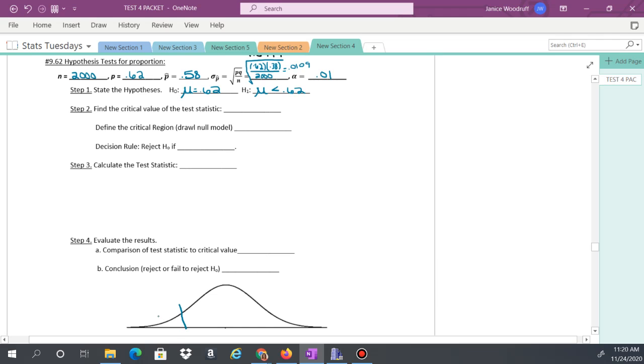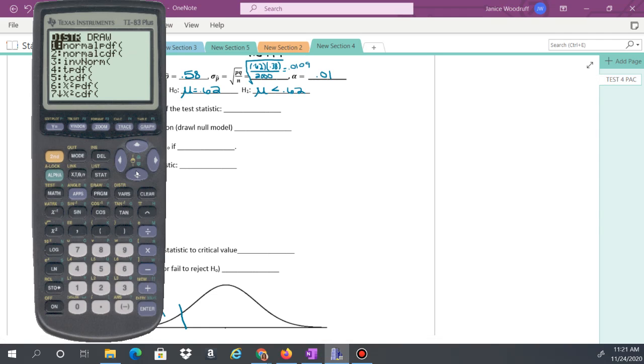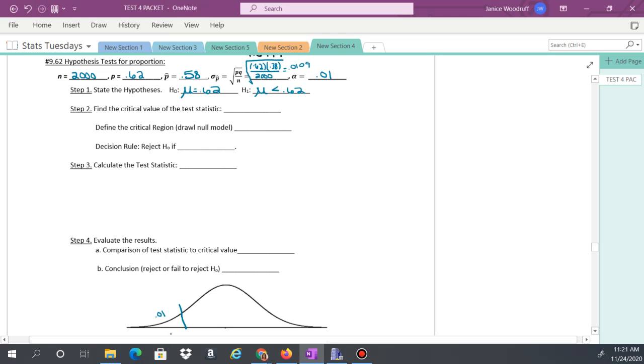So let's get this z-value with an alpha of 0.01. We're going to go inverse norm, 0.01, 0, and then 1. And that'll be negative 2.3263. All the way down there at the bottom, that is our test statistic.